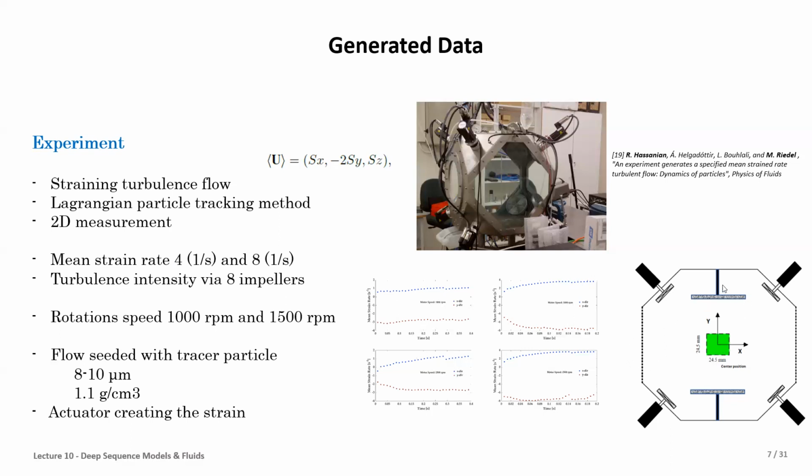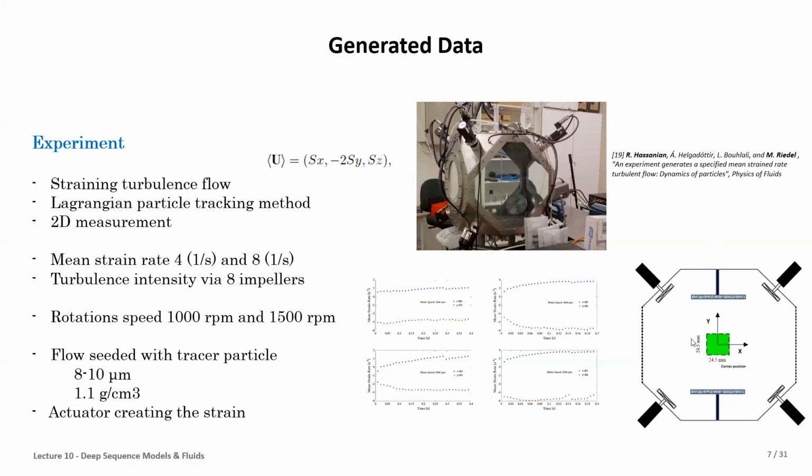The strain of this deformation is made with two rates, one with a mean strain rate of 4 and one of 8. As well, to control the turbulence intensity of the flow, these impellers rotate in different cases, one time with 1000 RPM, one time 1500, and as well 2500.